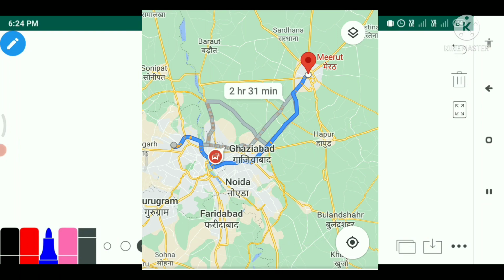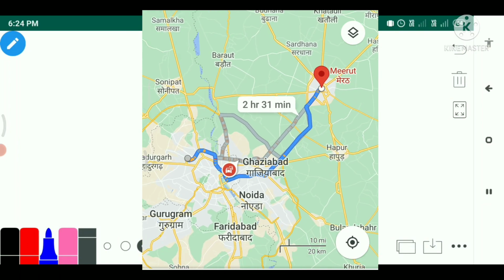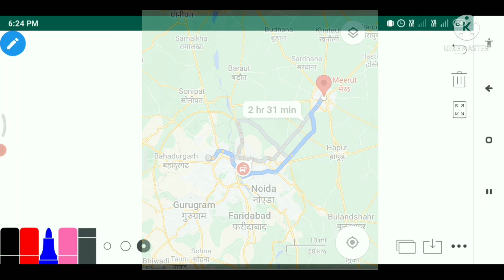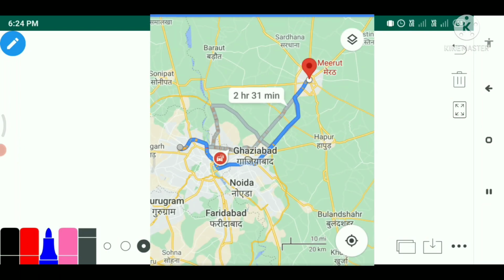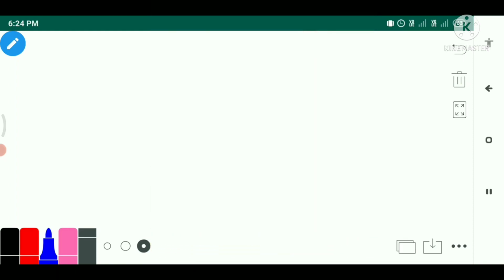So if in 1 hour he covers 7 km, then how long does he take to cover 84 km? So here we have to divide 84 by 7 in order to get the answer. This one you have to do by yourself, and you have to send me the answer.